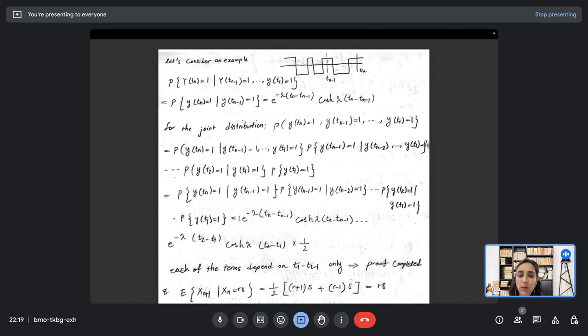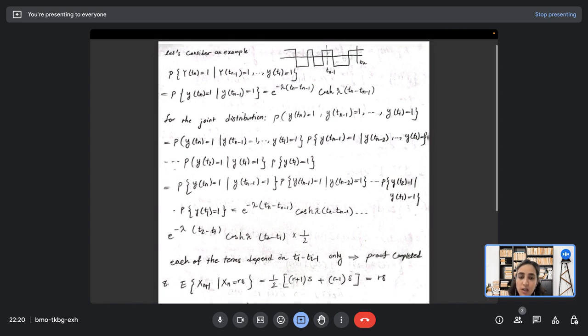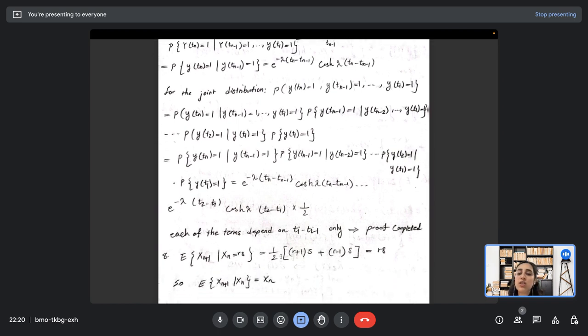As you can see, we can substitute all these conditional probabilities with the term which we had here. You can see that in all of the terms, we have ti minus 1. So each of the terms just depends on ti minus 1, and so the proof is completed.